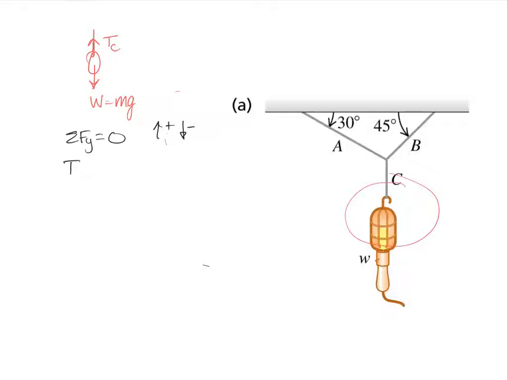So T sub C minus W equals 0. So I find right away that the tension in cable C is equal to the weight of the lantern. You may have assumed that that was true, but it's always nice to do the work and show that that's how it works out.